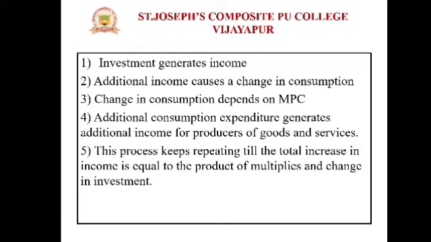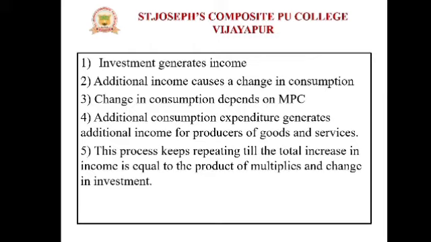See here, additional consumption expenditure. Why do they make extra expenditure? This additional consumption expenditure generates additional income for producers of goods and services, because they produced additional or extra, so those products will be sold out in the market, so that producers will earn additional income.